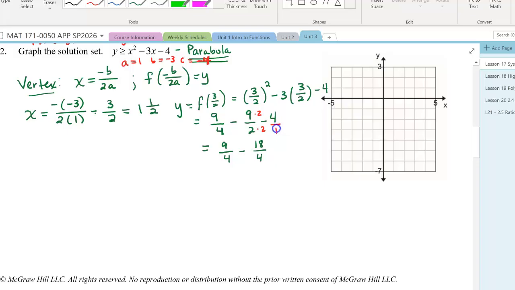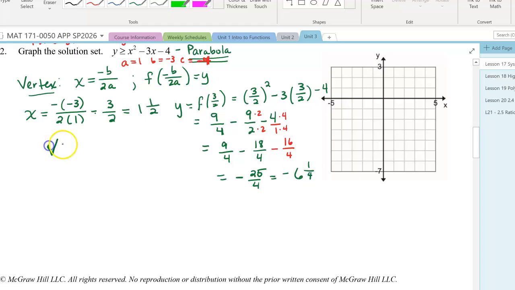And then to put this over fourths, it would be 16/4, because 1 times 4 is 4, so we do 16 times 4. Now you can also enter this in your calculator, and it will do the common denominator work for you. But 9 minus 18 minus 16 gives you negative 25/4, which, if we change to a mixed number, is negative 6 1/4.